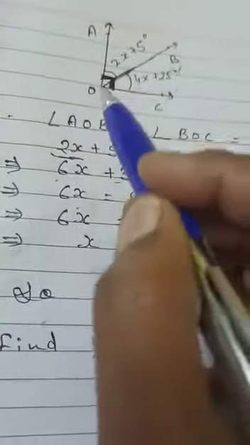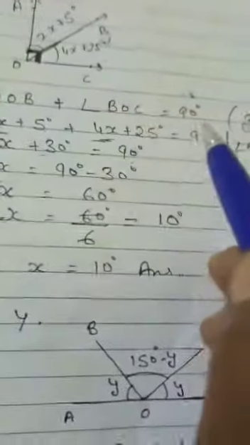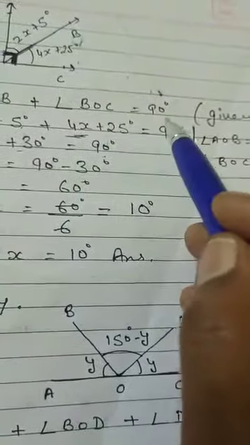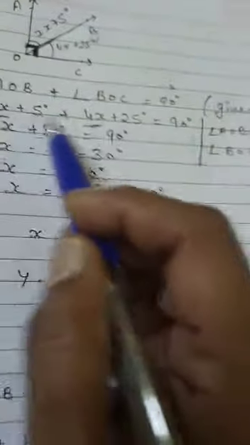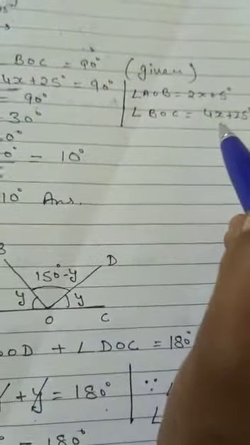Now we will start. Angle AOB plus angle BOC equal to 90 degrees, given. Now put the values of angle AOB and angle BOC, both values are given.